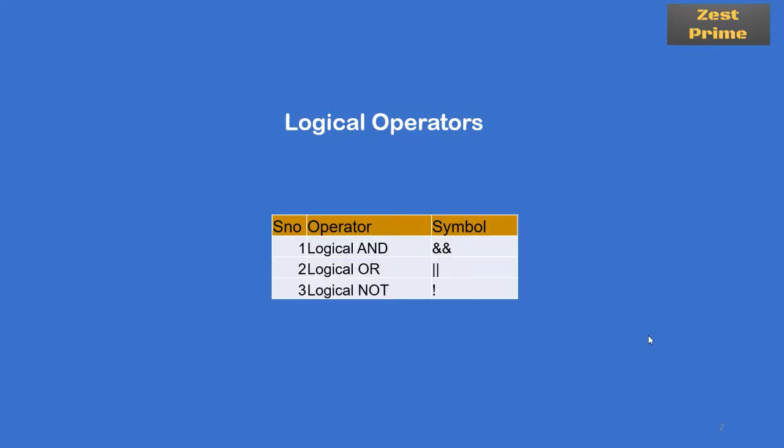Along with these logical operators, I'm going to use the relational operators we saw in previous videos. So basically we are going to use the if else statement, logical operators and relational operators.